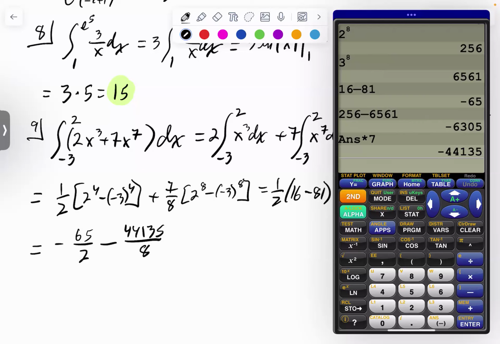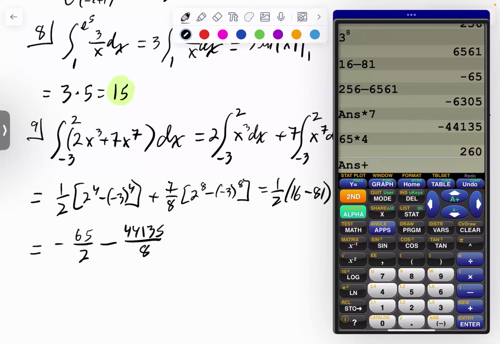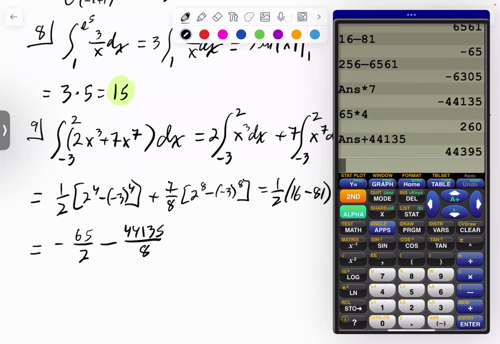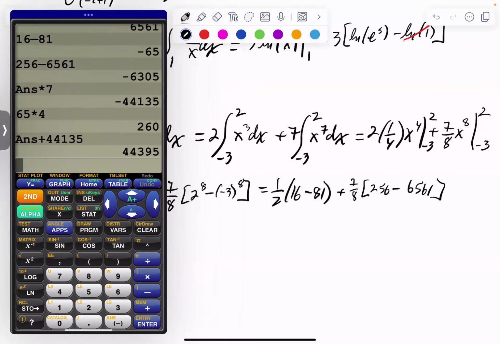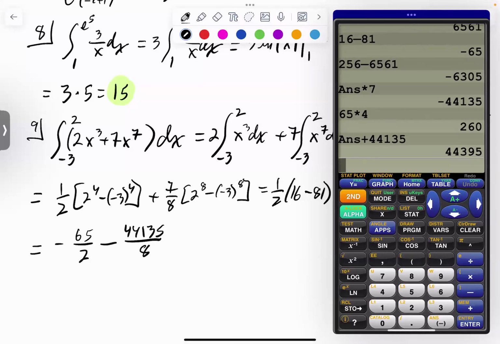And I'm going to go 65 times 2. Oops, 65 times 4, pardon me, to get a common denominator. I'm going to add that to the 44135. This becomes, let's see if I can squeeze it in here.